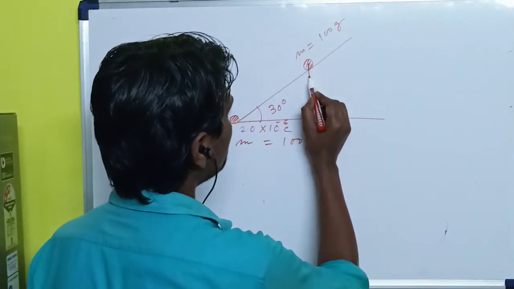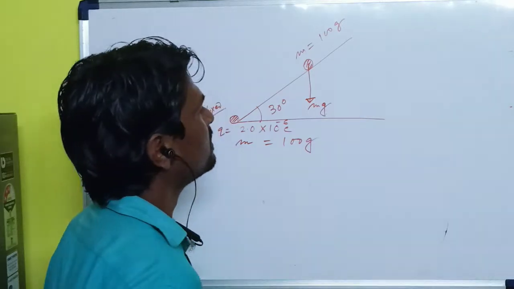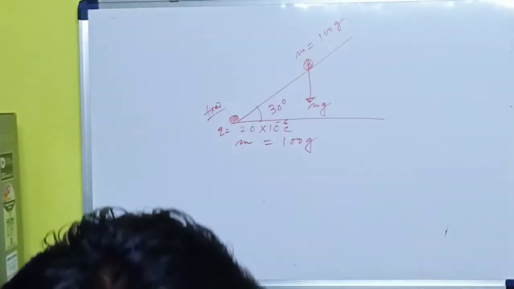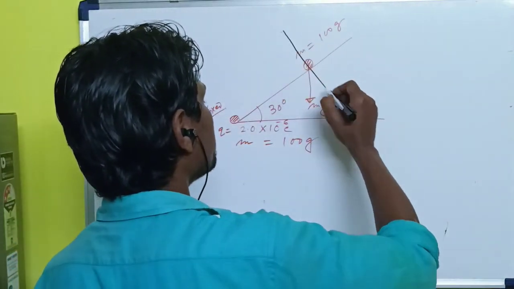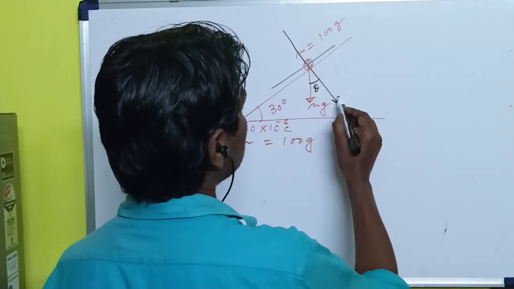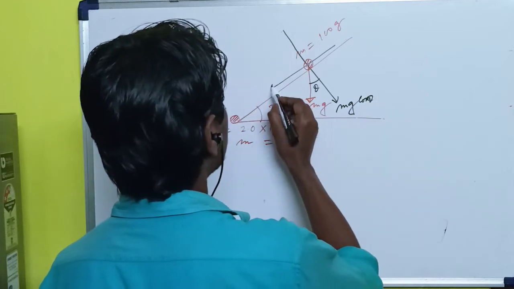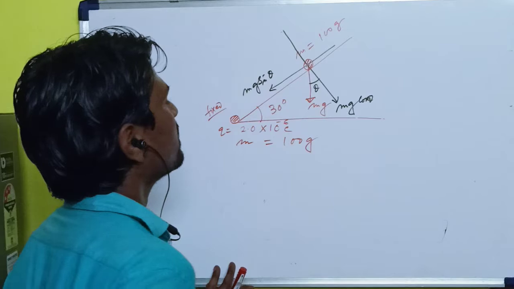So this is mg. The weight acts along this direction. If we resolve the weight into two components, with this angle theta, then this is mg cos theta, and this is mg sin theta.